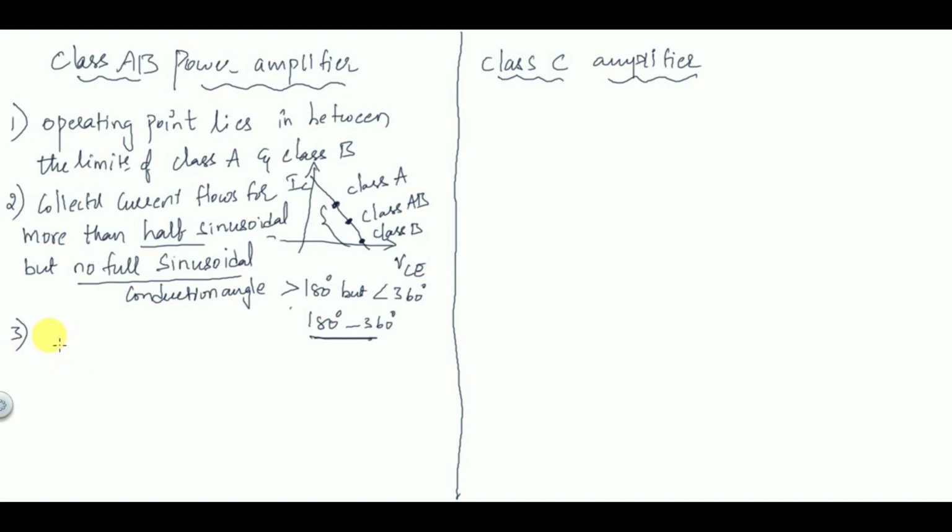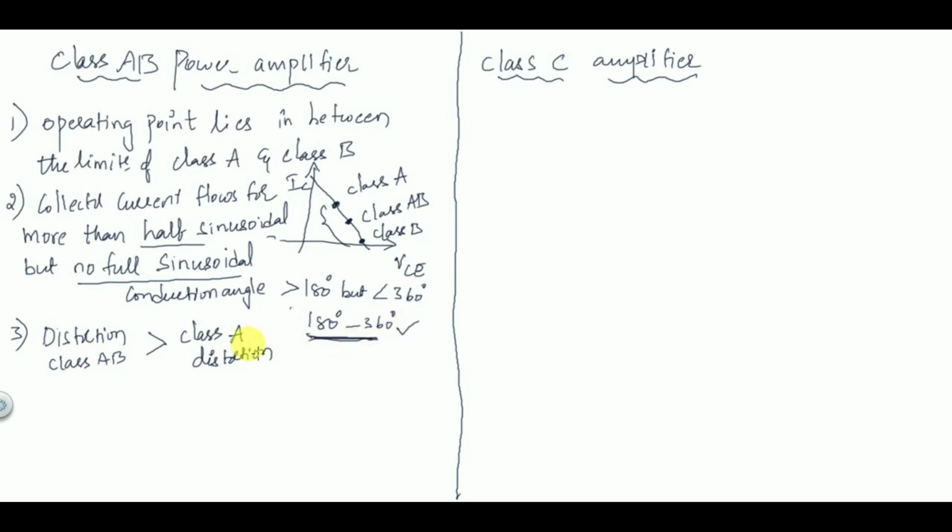Third, distortion. Distortion in the case of class AB power amplifier is more when compared to class A power amplifier, because distortion in the output depends on the conduction angle.